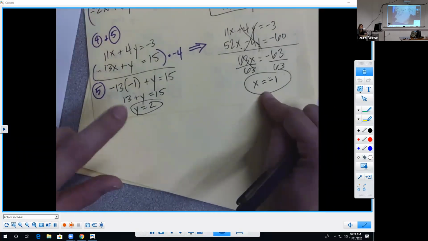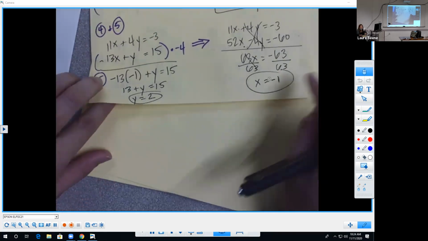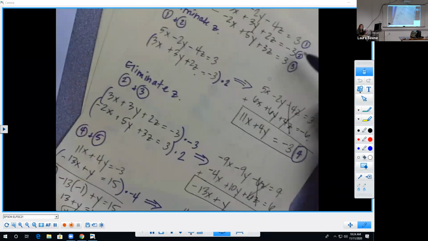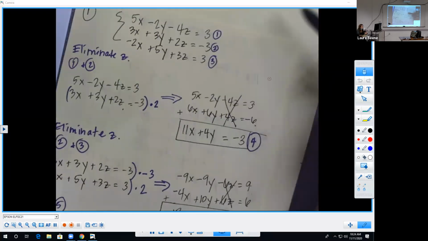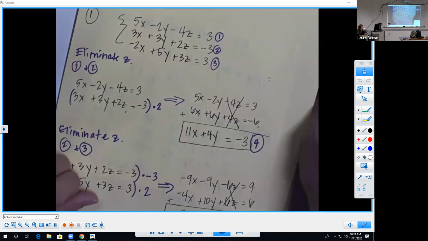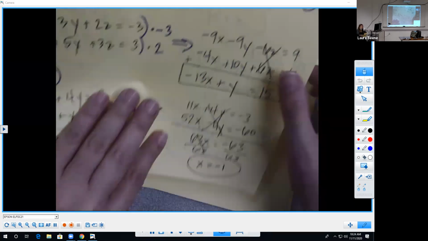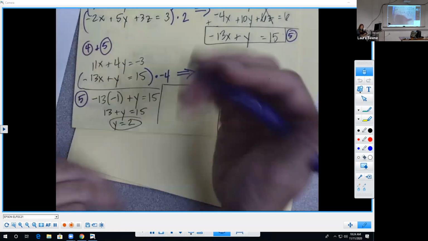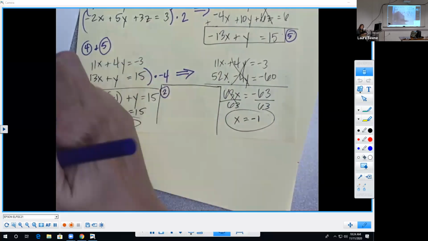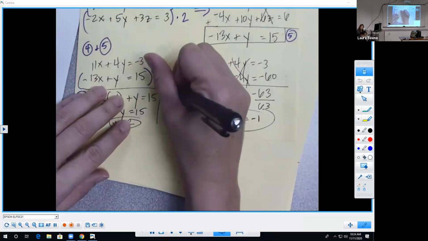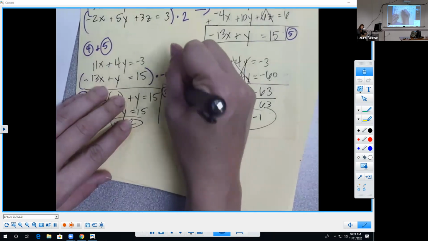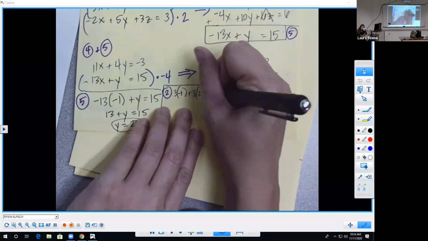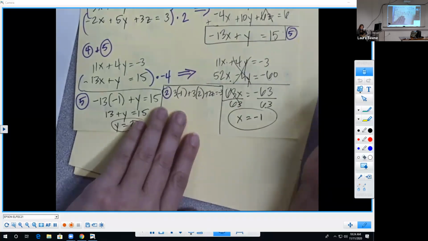I have an x, I have a y, I need to find a z. How am I going to find z? Yeah, plug it back into one of the original ones. You got 3 choices. Which one looks the easiest? 2. So I am out of room. I'm gonna make a little box right here. That's where I'm gonna do number 2. It is 3 times x, which is -1, plus 3 times y, which is 2, plus 2z equals -3.